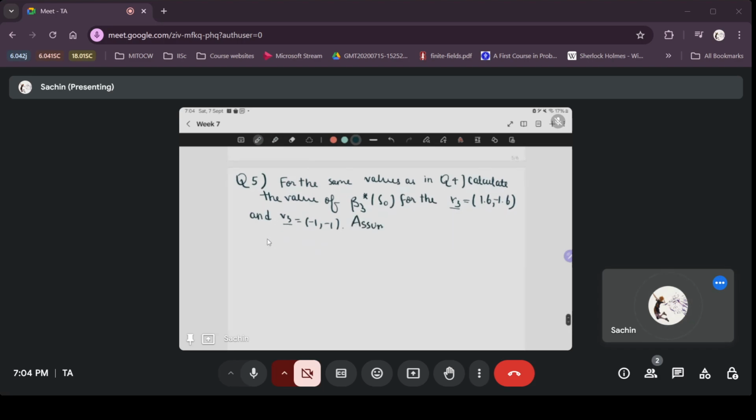Assume that the encoder is terminated to the all zero state at time t equals 4.